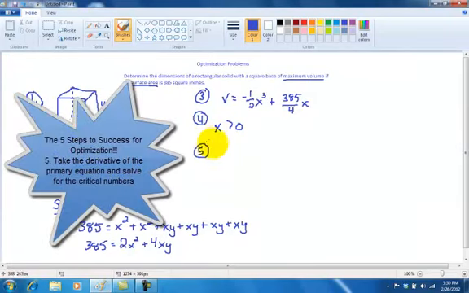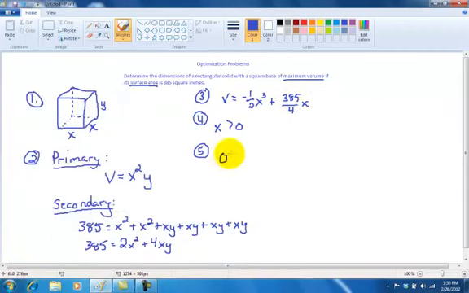Step 5. Step 5 is maximize the primary equation. So that means take the derivative. So when I take derivative, I also set it equal to 0. So I get negative 3/2 x squared plus 385 over 4. Alright. I solve for x here.